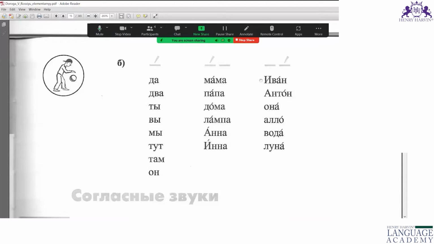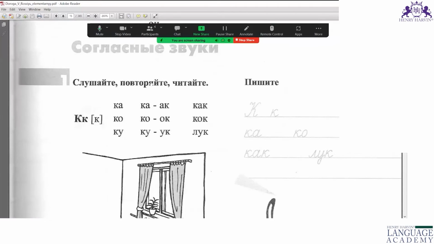Perfect. Vishal? Иван, Антон, Анна, окно, вода, луна. One more correction here, like last time. Она, not ona. Она. Anna. Stress. Yes, она.